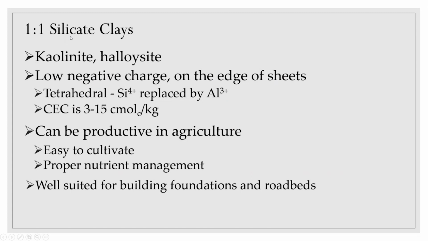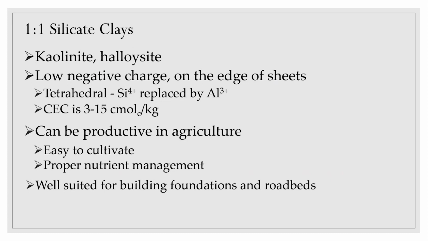So for our 1-to-1 silicate clays, this is going to be kaolinite. Remember, kaolinite is going to be that very small cup, and that has a low negative charge that is only going to be on the edge of those sheets. Now, I mentioned isomorphic substitution, and it's possible that that silica 4 plus might be replaced by an aluminum 3 plus.